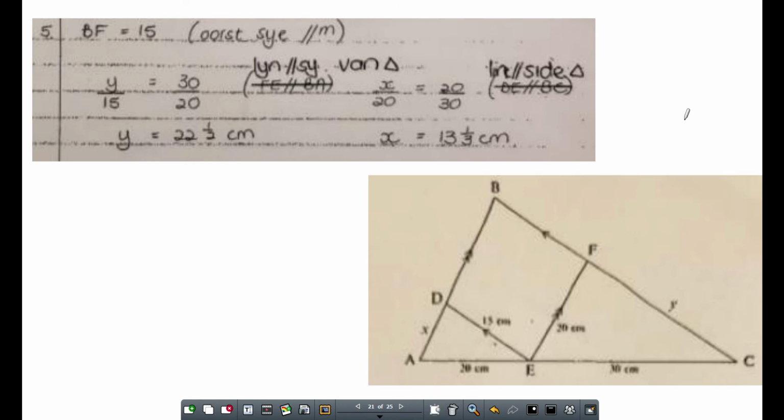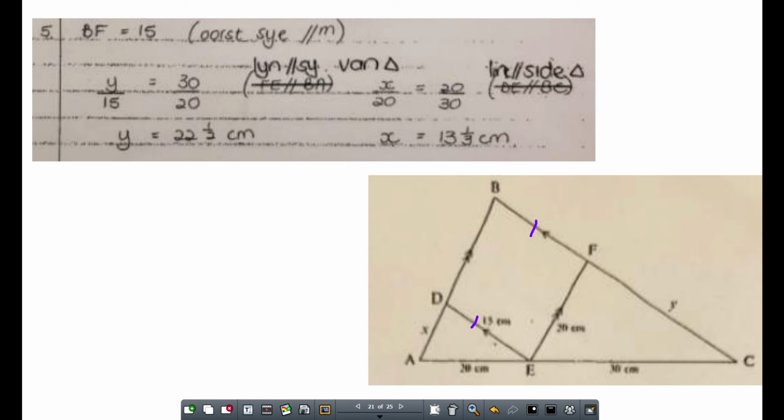Goed, by nummer 5 sê hulle vir my, determine from the figure x and y. Now, what I want you to see right from the start is I've got parallel lines here. Now, what do we know about parallel lines? Die afstand tussen hulle is presies dieselfde. So meaning, this side and that side will be the same.